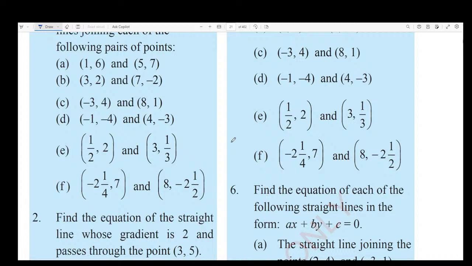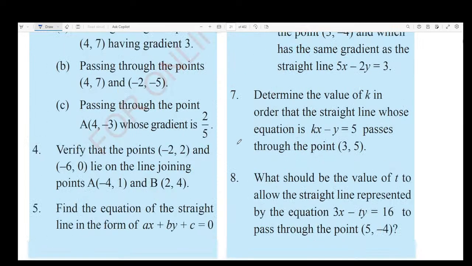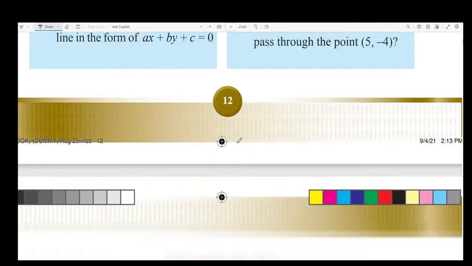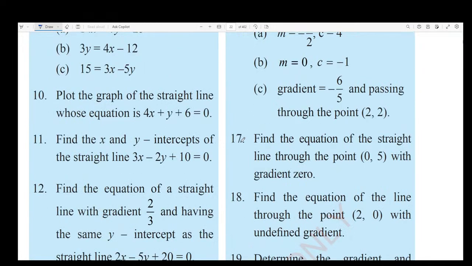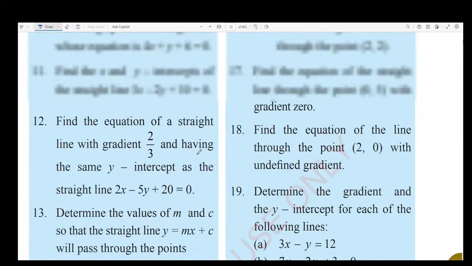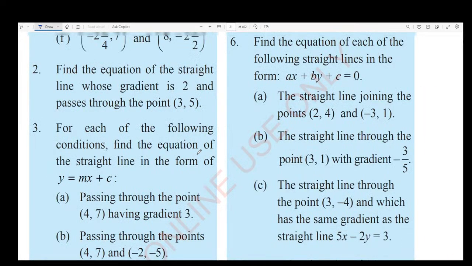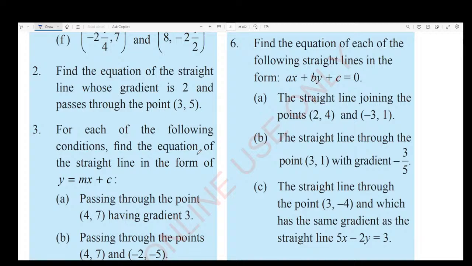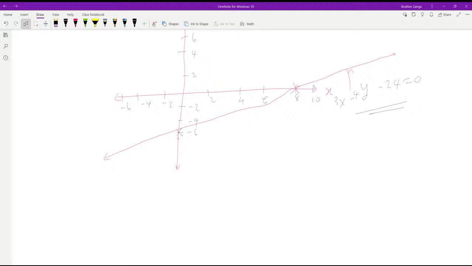So basically, students, this is how we are solving questions. This is how we are dealing with straight lines. So next time we are going to solve some more questions, and this is going to be the task we'll be doing in the coming session. Until that time, dear students, I hope you are going to continue solving questions.